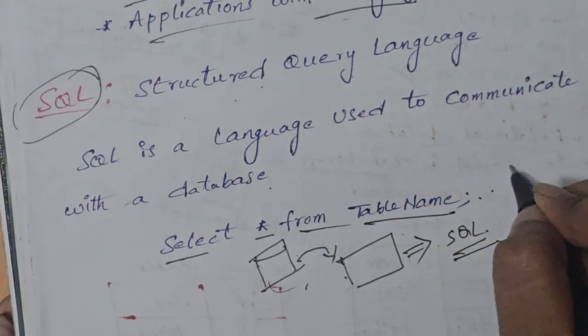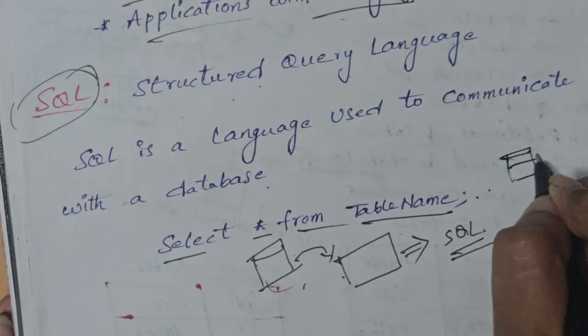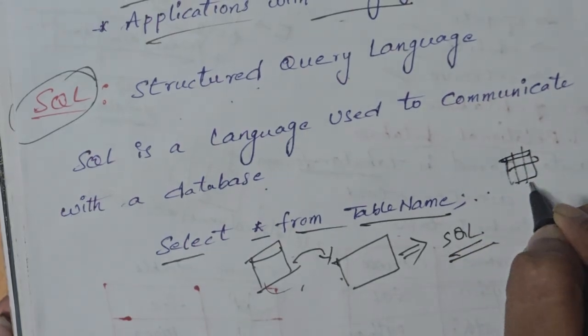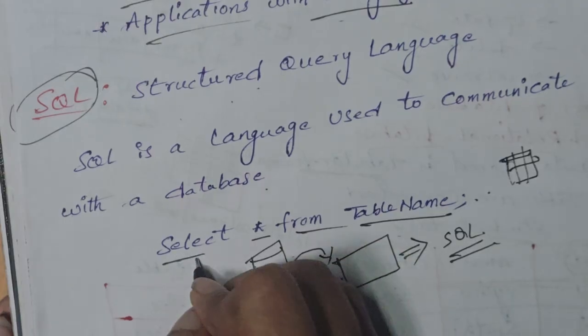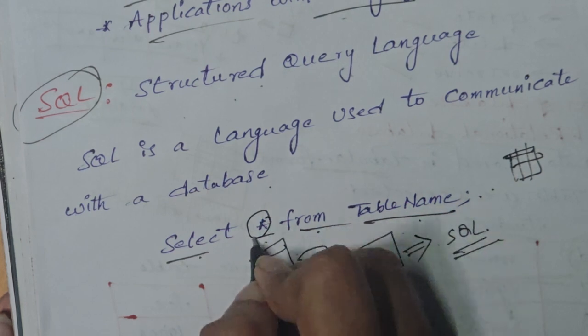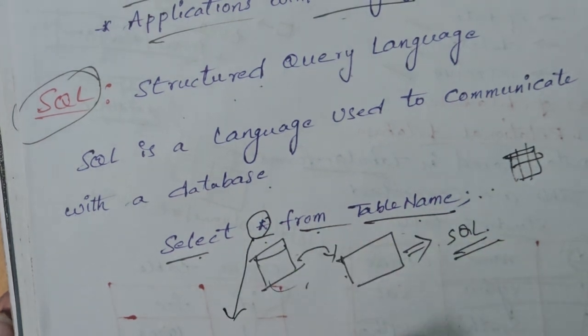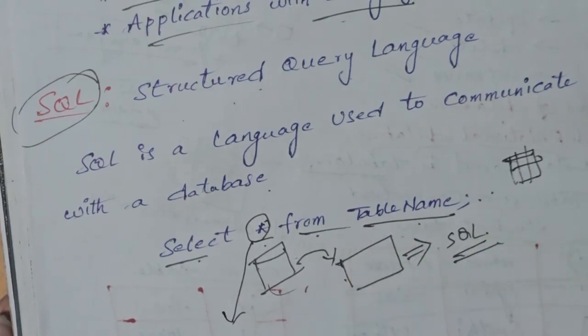For example, you have a students DB and a students table. You want to retrieve all information from this student table. Then you can just write the command select star from students. This star indicates all columns. If you want to retrieve any particular column, you have to specify that column name.